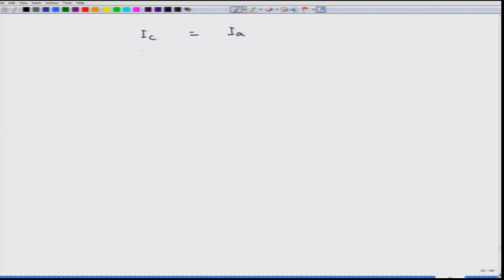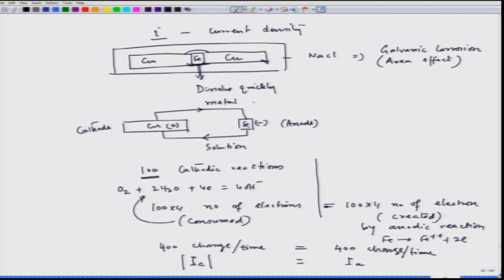Now, we have to take care of the area factor: the area of cathode and the area of anode. If we see this circuit, the current is the same entering into the metal or going out from the metal.